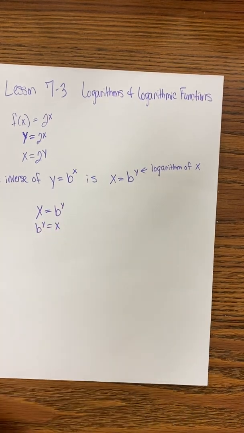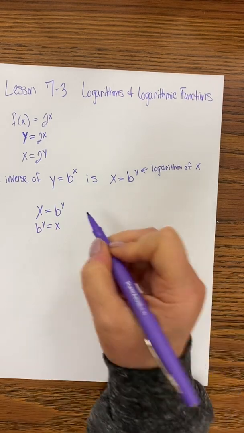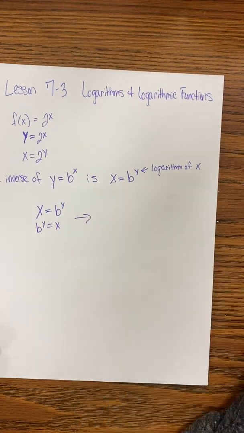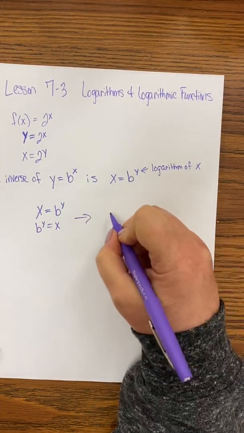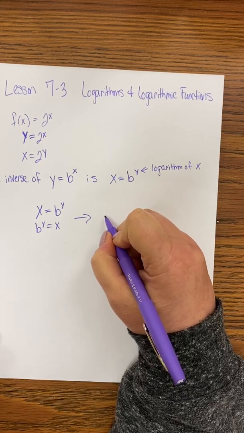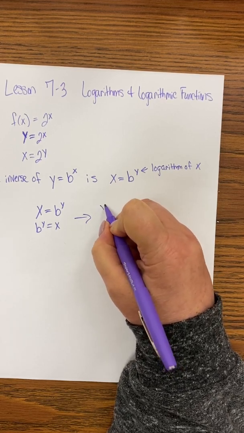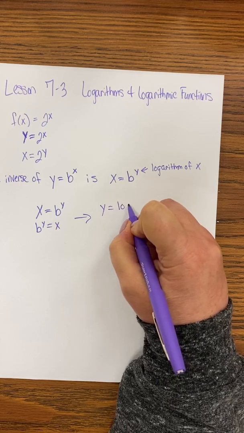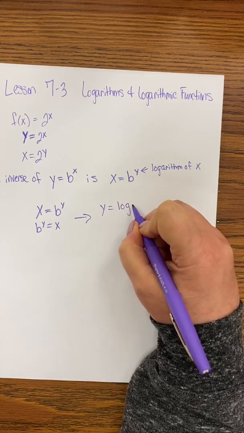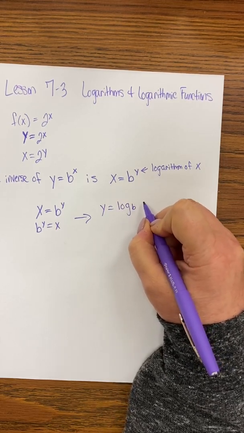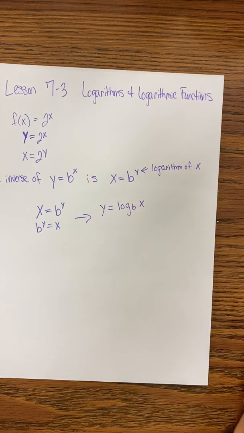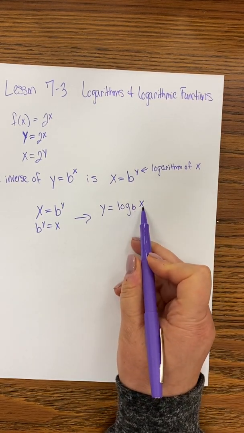Usually you'll see it like that, and then we change it over to the logarithmic form, which can be y equals the log of base b of x.